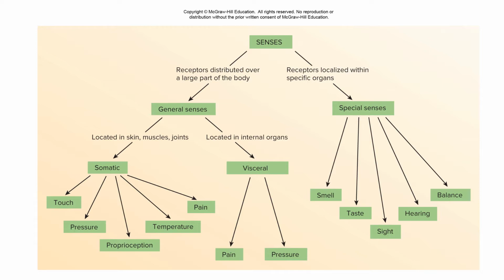For general senses, you can have locations in your skin or muscle joints, which can be somatic, like touch, pressure, proprioception, temperature, pain. And some can also be located in your internal organs, or the visceral part of your body, for pain and pressure. And then for special senses, we have the sense of smell, taste, sight, hearing, and of course, balance.